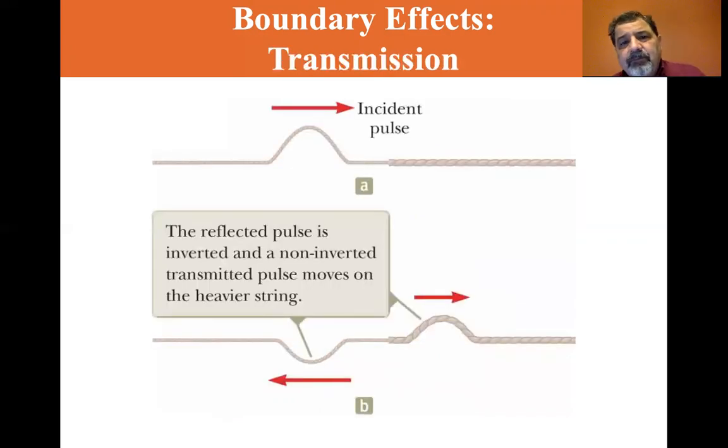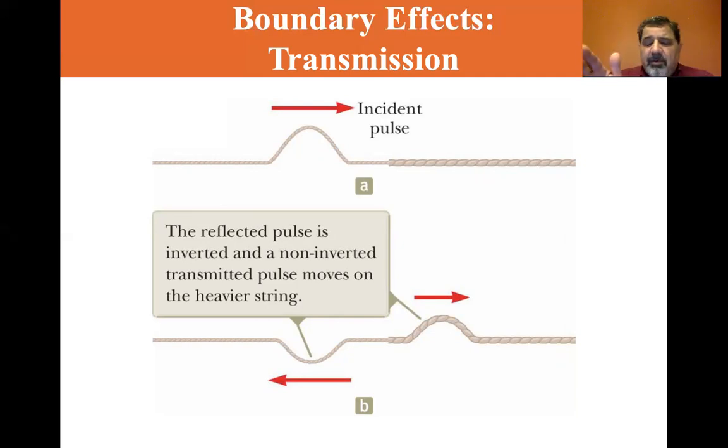Now if you have a case where you have a low density string and a high density string, there's a boundary there. The incident pulse continues on in the heavier string, but it's inverted at that boundary.